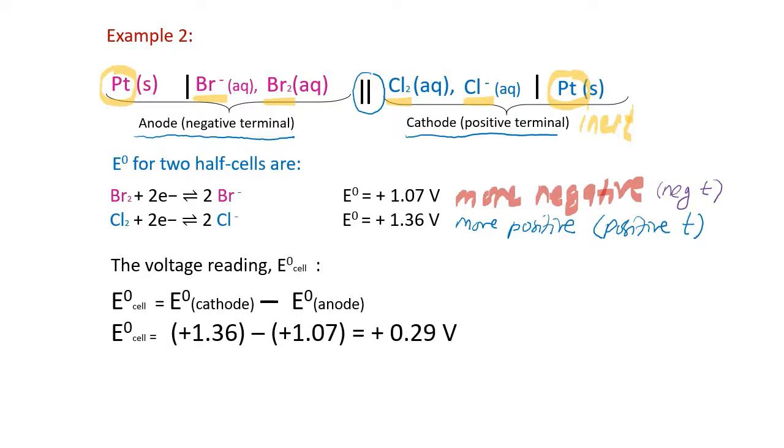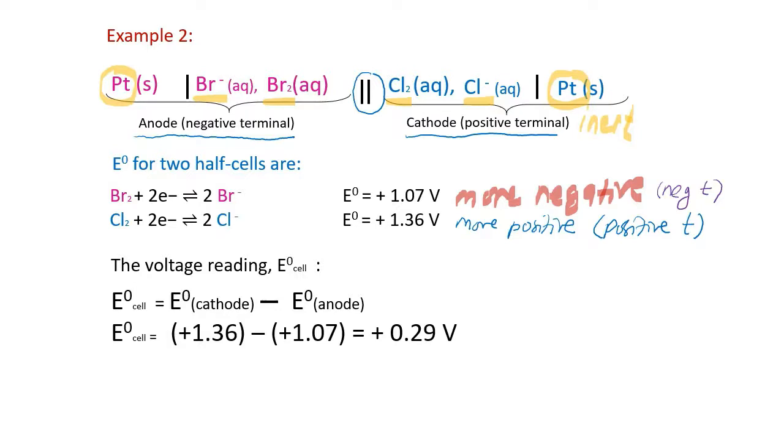So we want to predict the E0 value of the cell. E0 value of cathode is plus 1.36 minus E0 value of anode, which is plus 1.07.